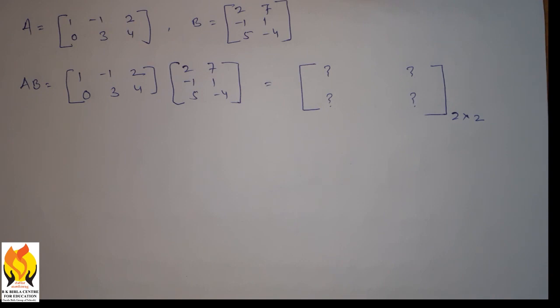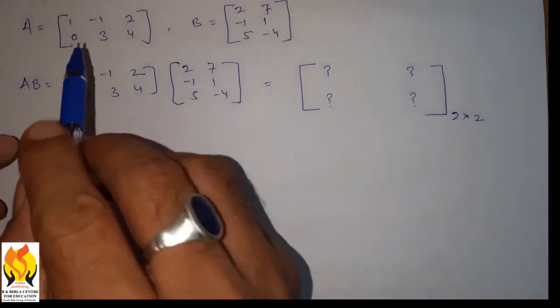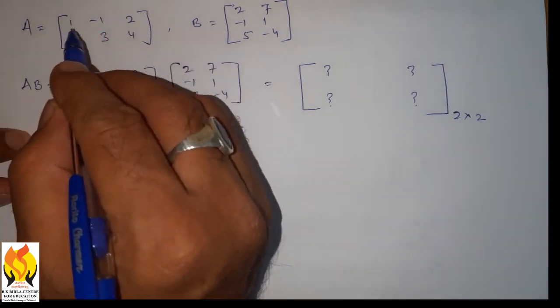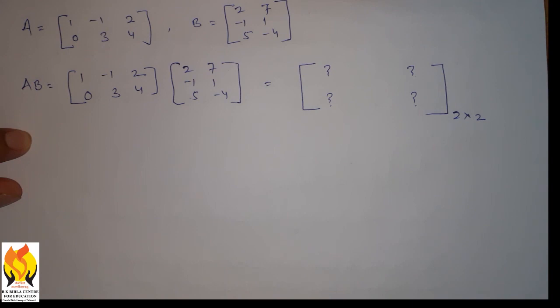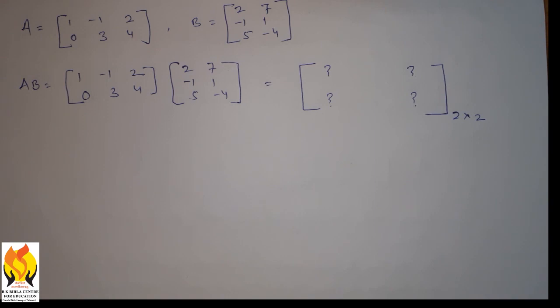Now, we are going to look into the multiplication, how we do the multiplication of the matrices. Look here, boys. Matrix A is 1, minus 1, 2, 0, 3, 4, and matrix B is 2, 7, minus 1, 1, 5, minus 4.